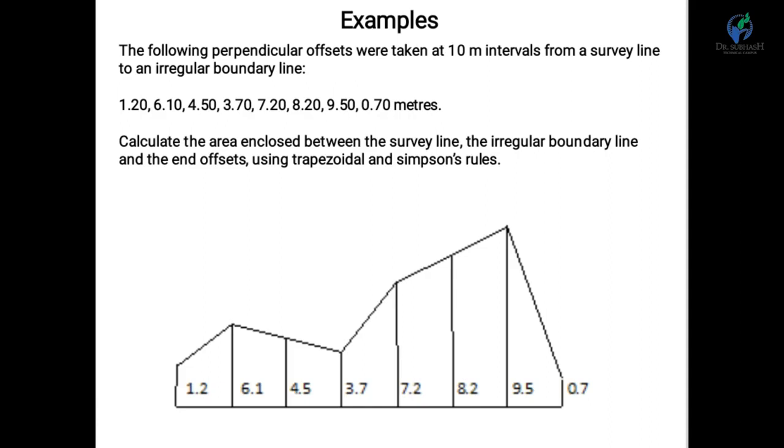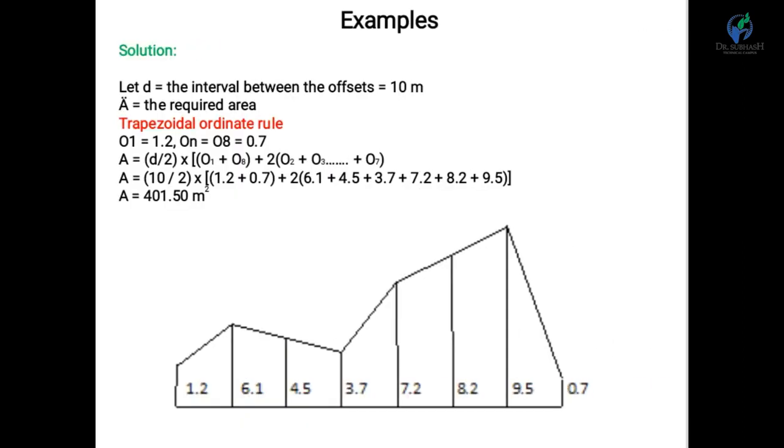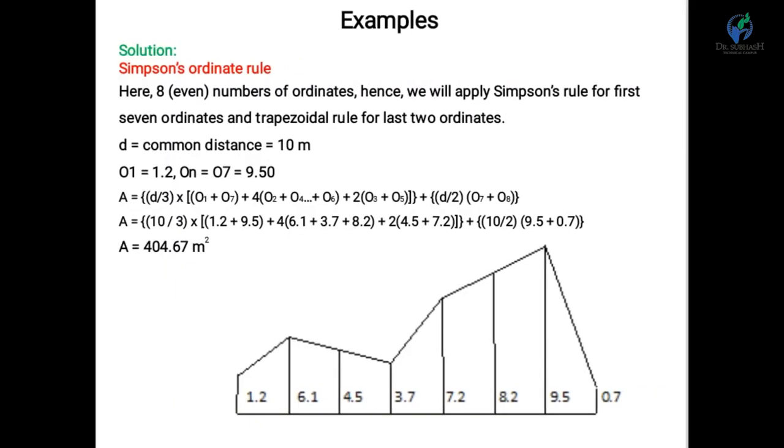In the picture, I am showing the different ordinates at different intervals. As per the trapezoidal rule, we put the data into the formula we previously saw, and we get the area equal to 401.50 meters square.